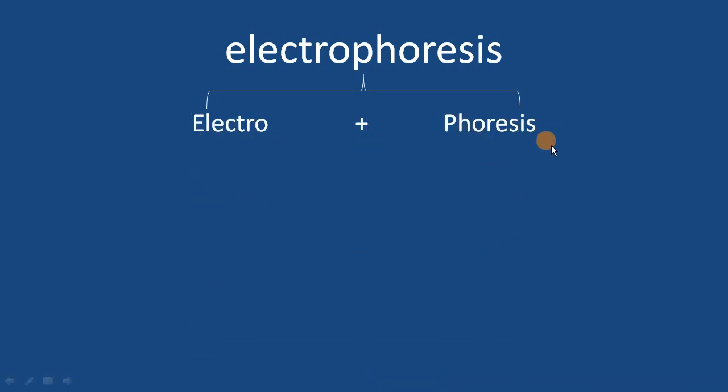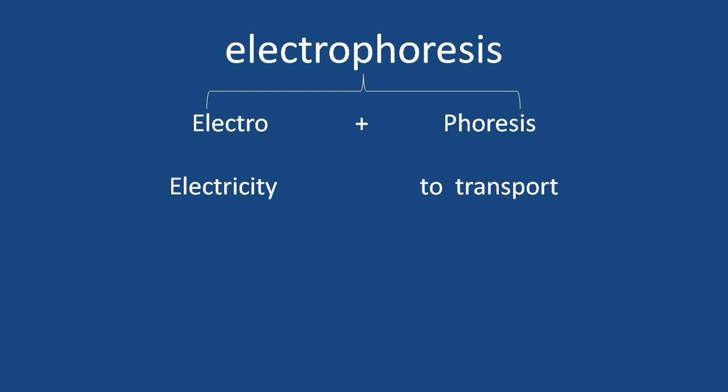So first term is electrophoresis. The term electrophoresis is made up of two terms, electro plus phoresis. The literal meaning of electrophoresis is electro stands for electricity, while phoresis means to transport or to carry something. What is that something?